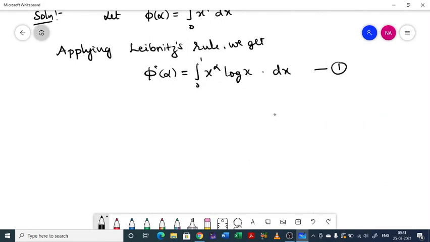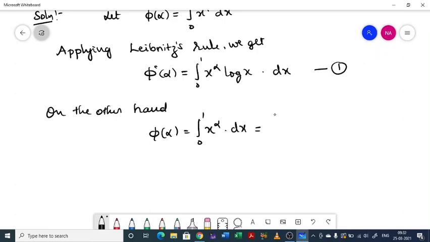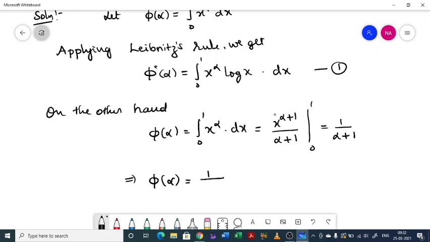On the other hand, we have phi of alpha equal to integral 0 to 1 x power alpha dx, right? So integrating this with the usual method, it will be x power alpha plus 1 divided by alpha plus 1 between 0 and 1. Applying limits, it will be 1 by alpha plus 1. So we got phi of alpha equal to 1 by alpha plus 1.